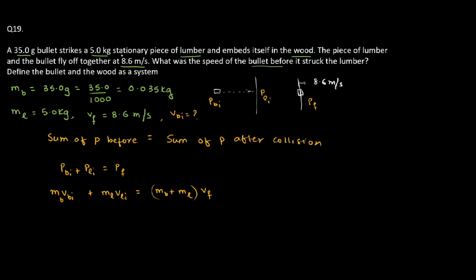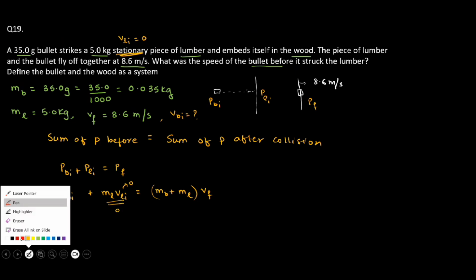Initially, my lumber was stationary. Stationary means its initial velocity was 0. So velocity of lumber before the collision was 0. When I substitute this as 0, the whole term over here will become 0.